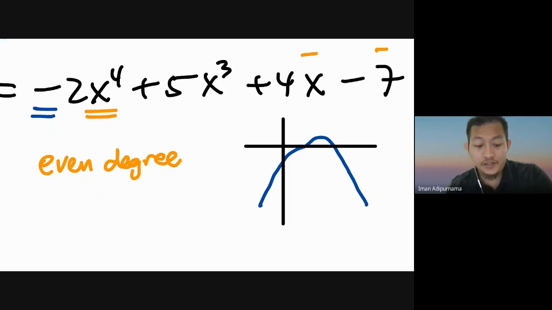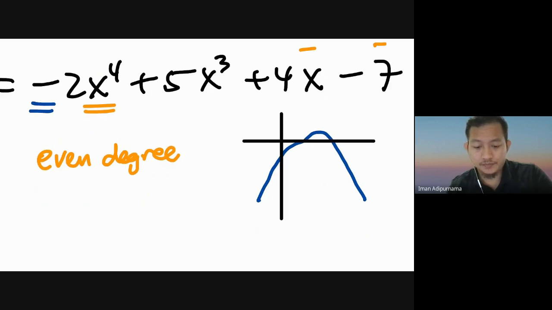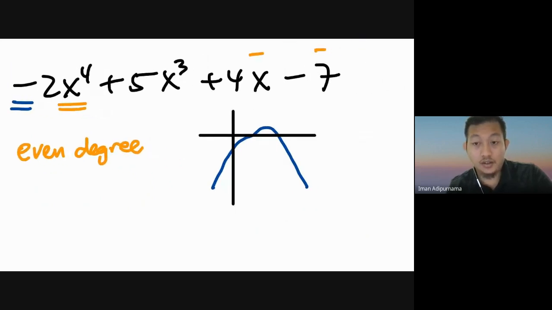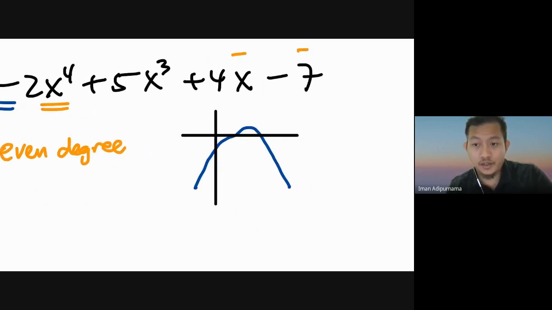You have the even degree, which means the whole graph, if you look at the whole picture, it will at least look like this, right?